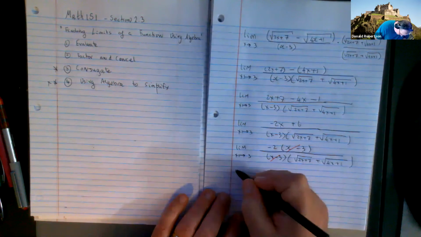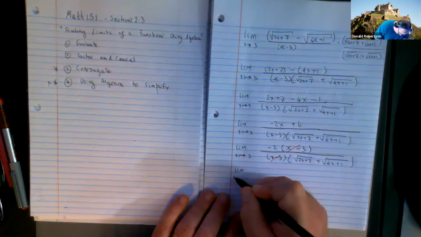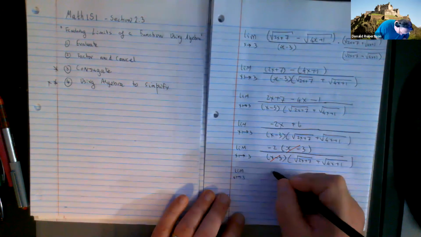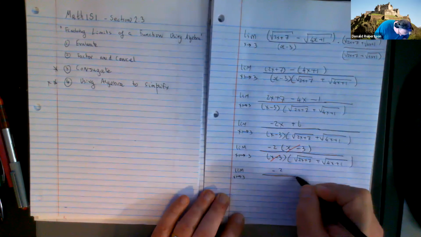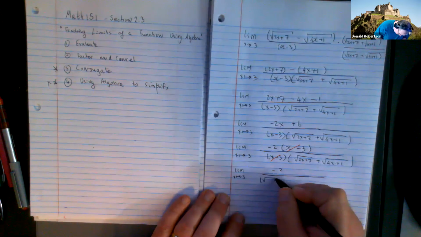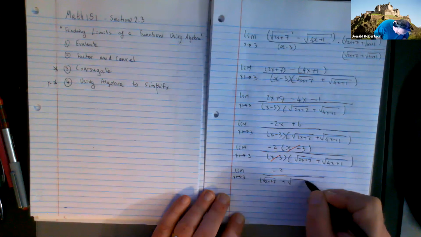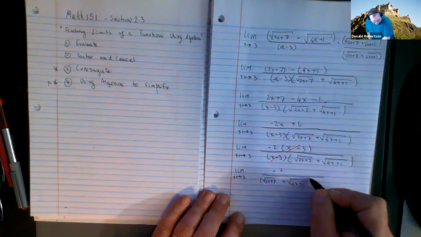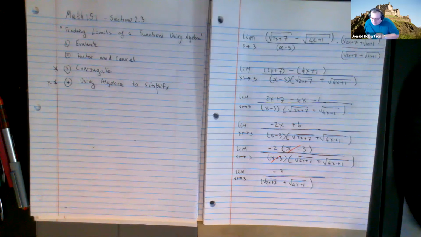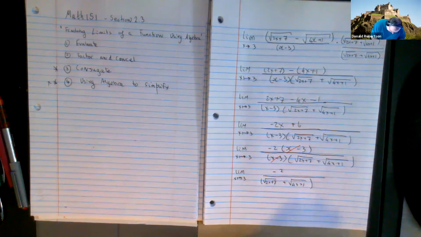So now we're looking at the limit as x tends to 3, -2 on the top, and this guy plus this guy. But we don't mind that, because can't we just plug in x equals 3 and we'll get an answer and we're finished? So let's see what I get.